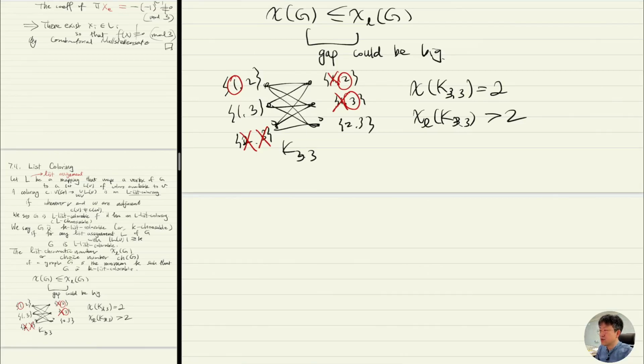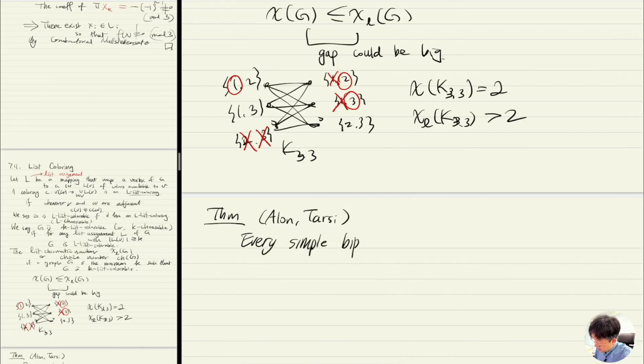Now, what we are going to show is a theorem due to Alon and Tarsi in the 90s that every simple bipartite planar graph is 3-choosable. Simple doesn't change anything, because parallel edges don't do anything, and we usually ignore loops for vertex coloring.